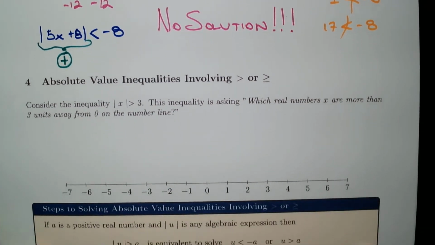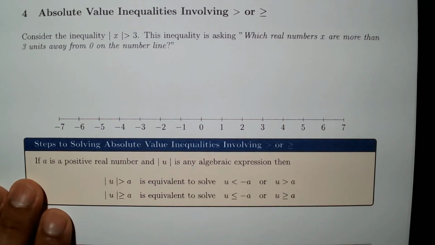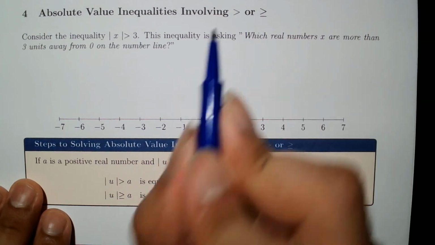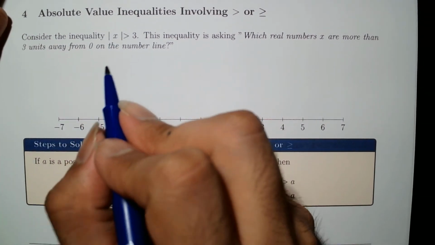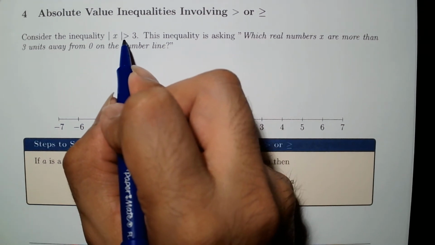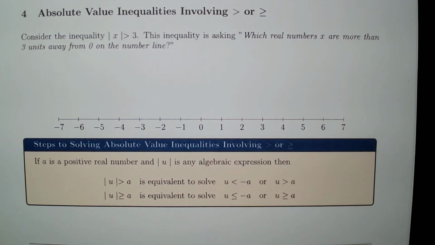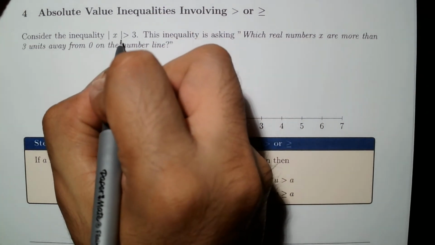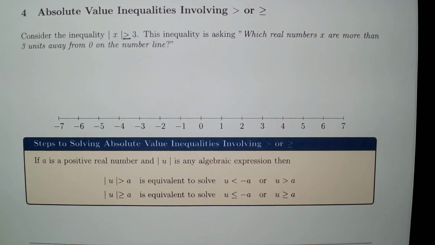Now we're going to review absolute value inequalities involving the other direction of the symbol. So we consider the inequality absolute value of x, and let me make a slight change here to the notes. I'm going to make it greater than or equal to, to make it easier. I should have done that on the previous case to understand it better.